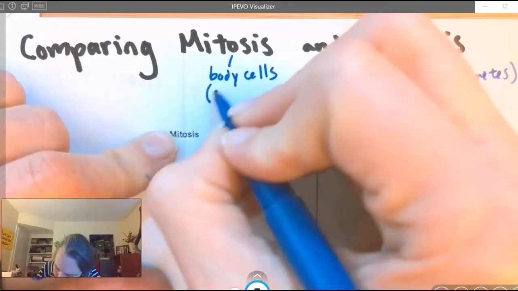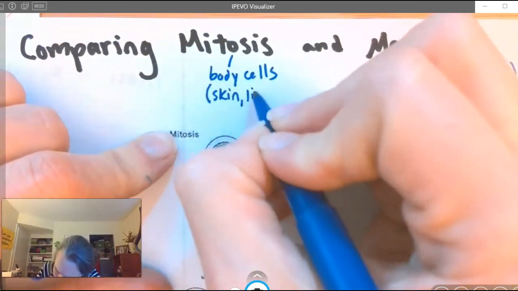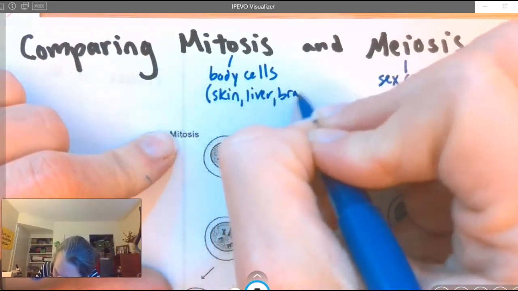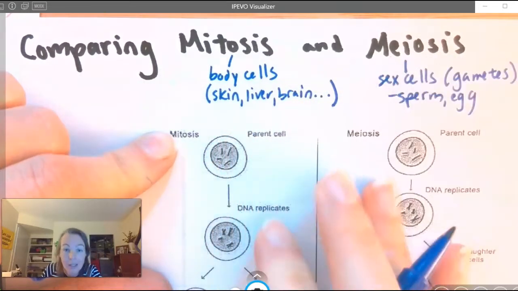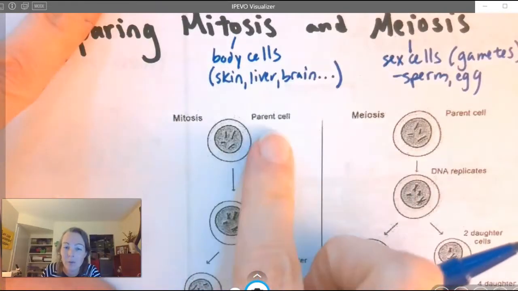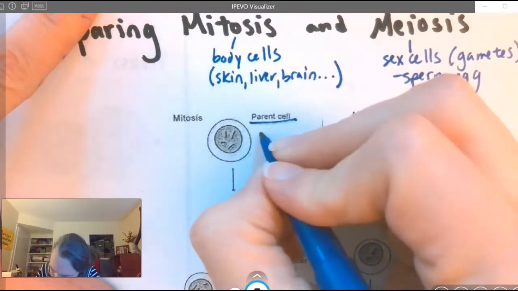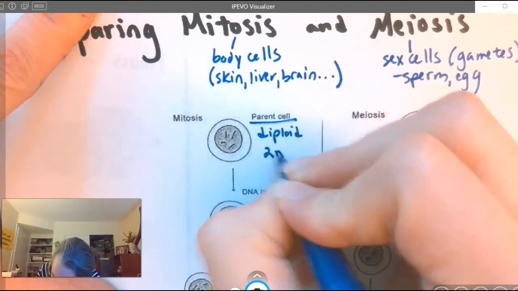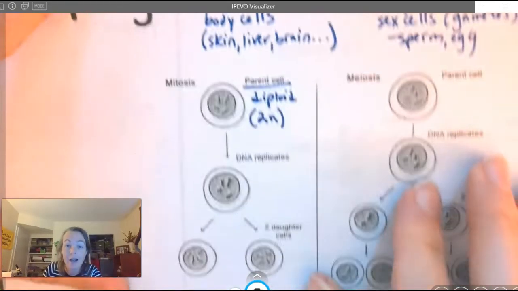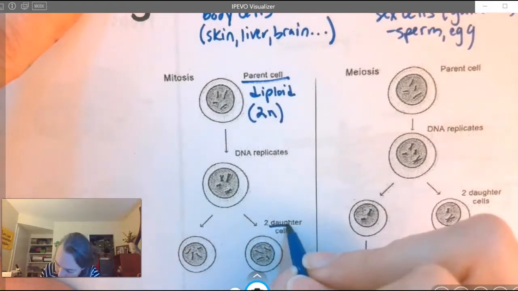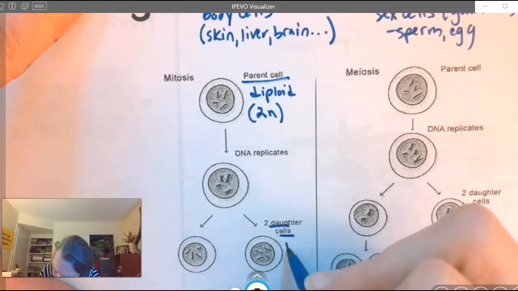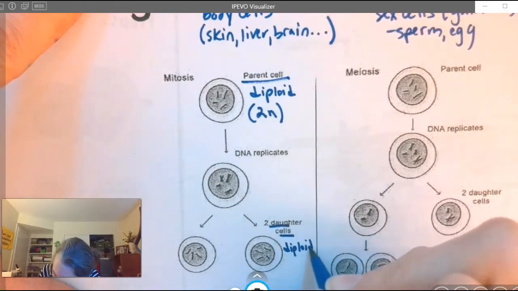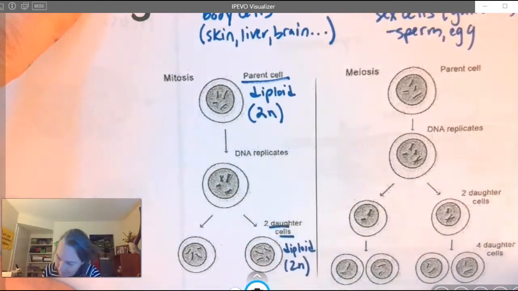A body cell could be a skin, or a liver, or a brain cell, something like that. In mitosis, you start with one parent cell, and this parent cell is diploid, or 2N. And you end up with two daughter cells that are also diploid, or 2N.